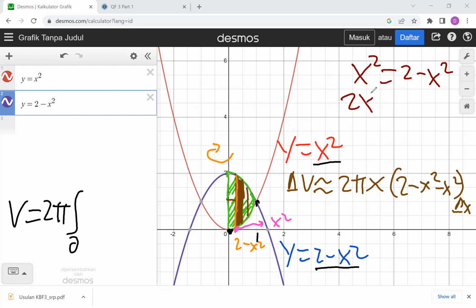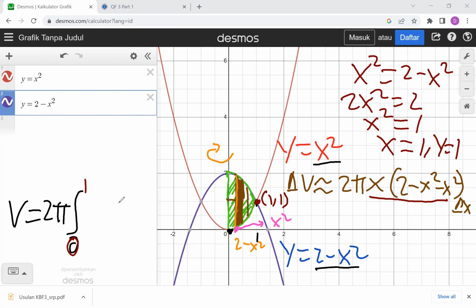Then you have 2x squared equals 2, x squared equals 1. Since the intersection is in the first quadrant, x should be positive, so x equals 1. Of course, y equals 1 itself. So this is the point (1, 1). And if we go back to the integral, it will be the integral from 0 until 1 of x multiplied by 2 minus 2x squared dx.